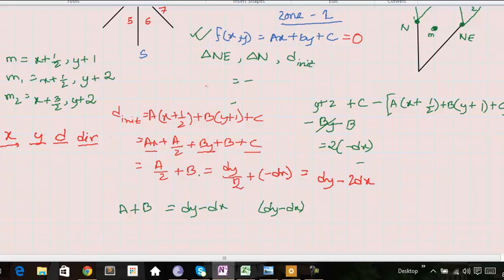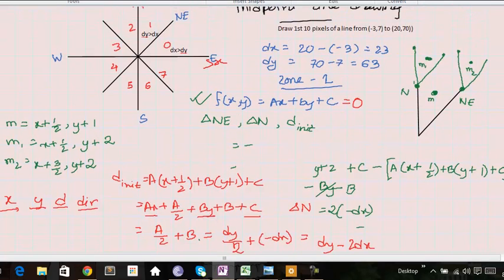We know del n equals minus 2 dx, and del ne equals 2 dy minus dx, as we have derived. The first coordinate given is minus 3 comma 7, as in the question.